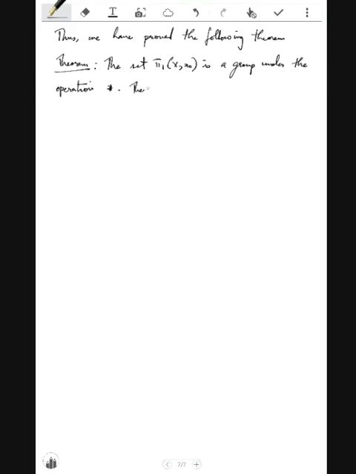The identity element is C_x0 and the inverse of f is i f.